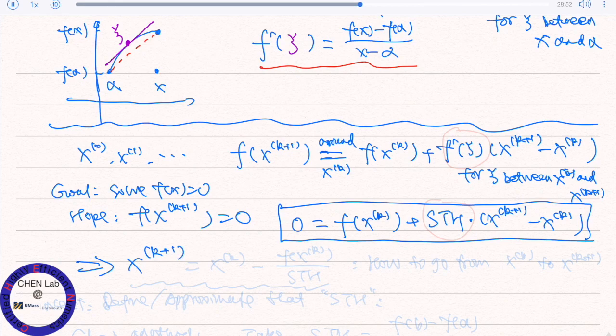The immediate goal is, you have your current guess, how do you update it to get the next guess? Eventually, by proceeding for some steps, you're going to lead to the 0 of f of x. The immediate goal is to get to the next step. So that's why you need to change this quantity. So it reads as xk plus 1 is equal to something. Is that clear?